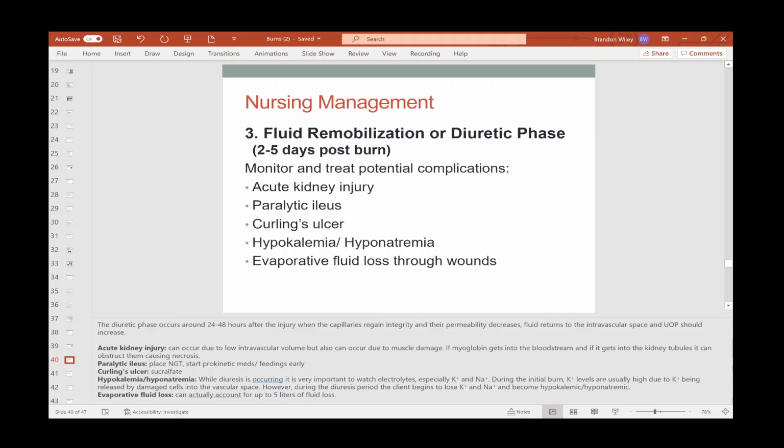But when your body is under so much stress, it increases the gastric acid and so on and so forth. So you can get what they call Curling's ulcers. And we see this a lot in the intensive care unit. So we need to prevent that. And what we're going to do is we're going to wind up giving them some medications to prevent them from having a Curling's ulcer. What do you think we're going to give them?